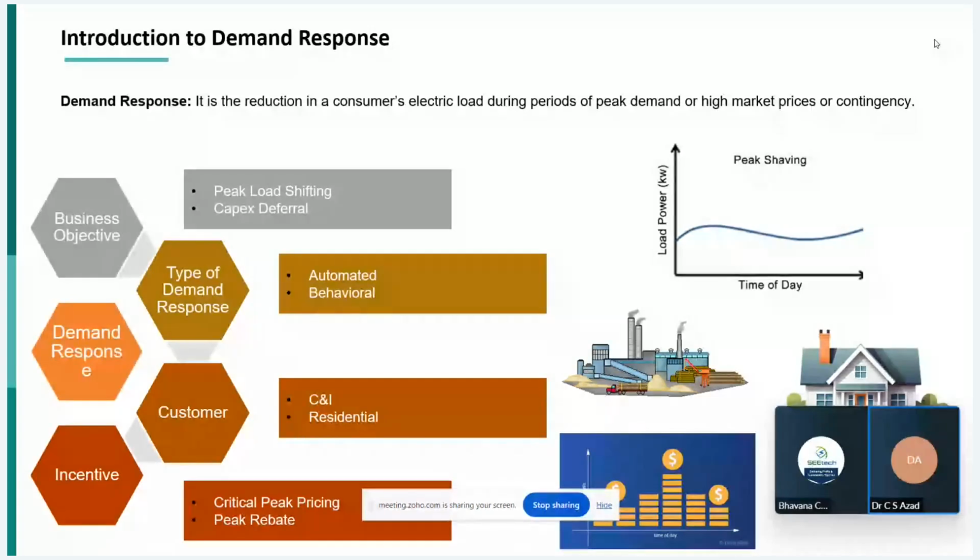All three types of consumers may be targeted by this, whether residential, commercial, or industrial. The purpose is to shift the peak load, and this peak load shaping may be possible by various measures. There may be some technological measures, some management measures, and behavioral measures. This we will discuss in the coming slides.